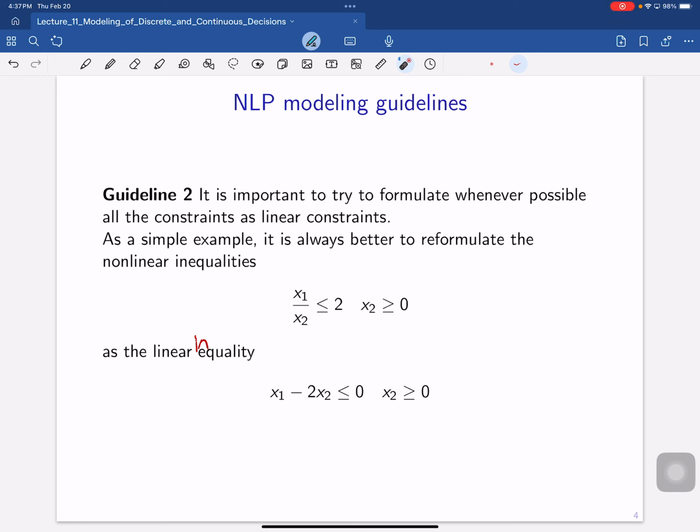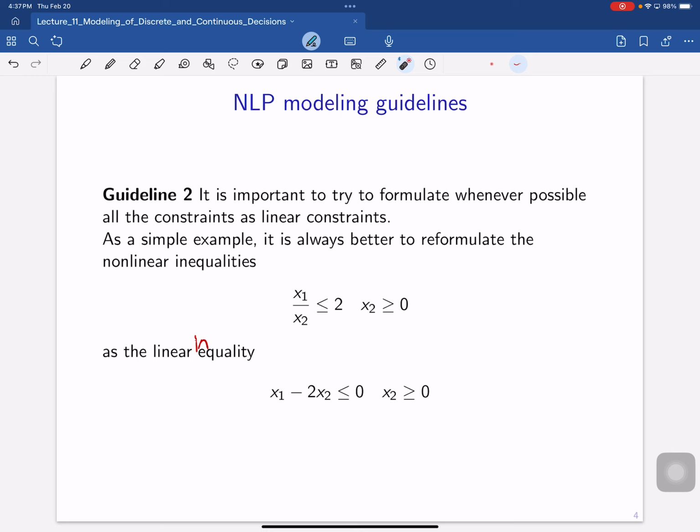Maybe it's not an issue in terms of the optimization problem in general. Right? Yeah. So this divided by 0 could be an issue for the first problem. Maybe that's another reason you want to formulate it as a linear problem rather than a nonlinear one. Since the logic you want to express is that the ratio of x1 and x2 is less than or equal to 2.